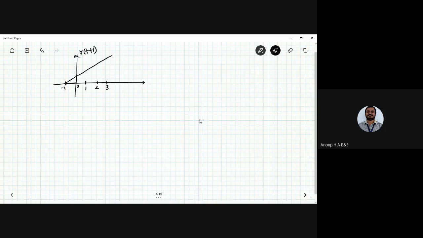This is x1 of t, this is t there. Next, that is minus r of t. That would look like this. Let me drop down for your convenience.